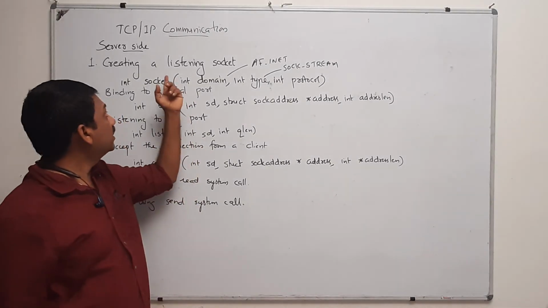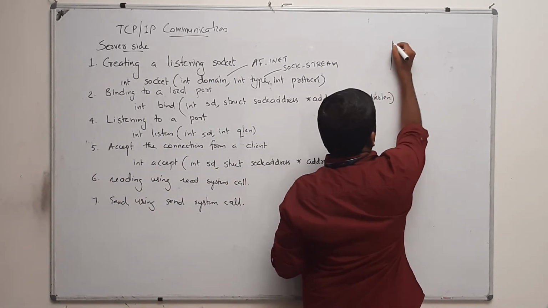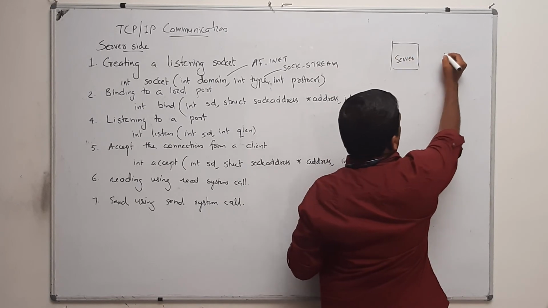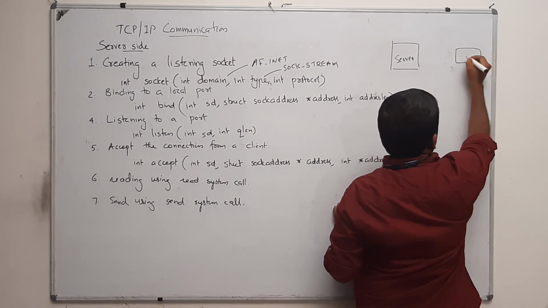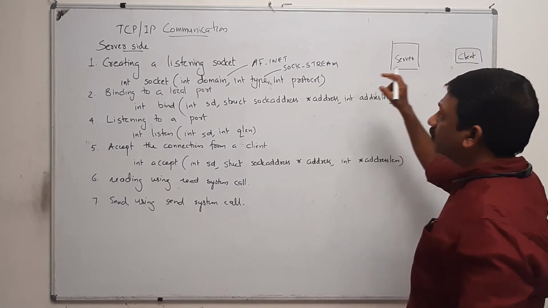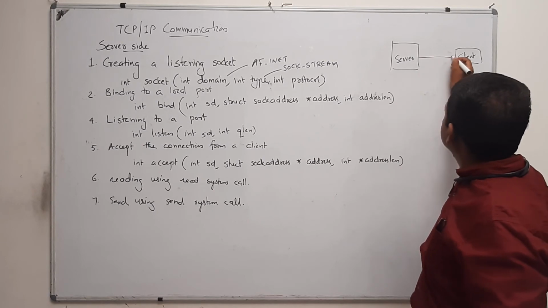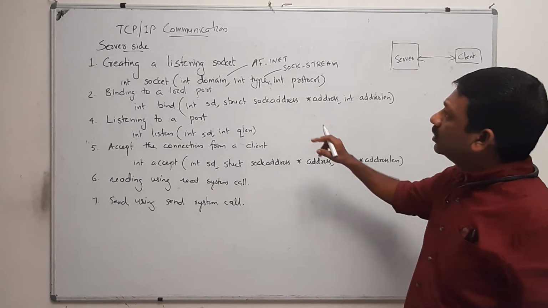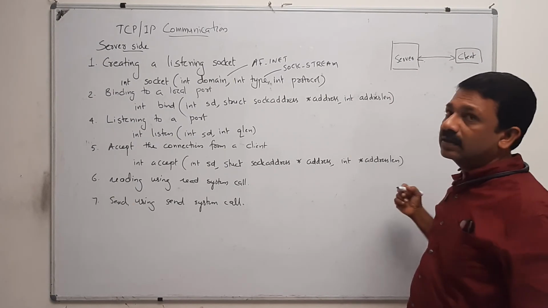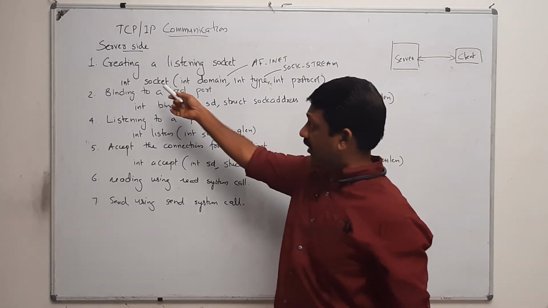See, on the server side, as I told you, this is the server and this is the client. I told you how to connect to the client. Client-side programming we already discussed. And now, same thing, as we have created a client socket, here we are going to create a listening socket.